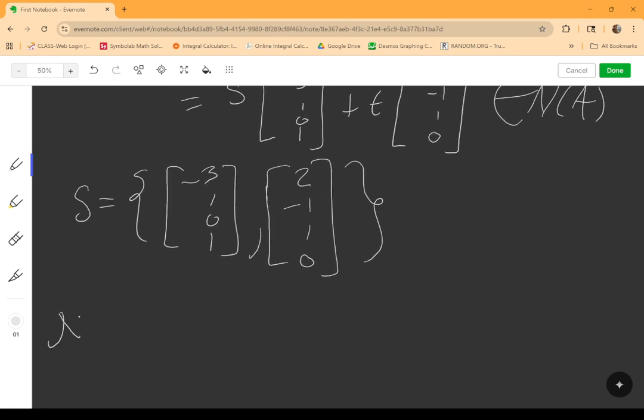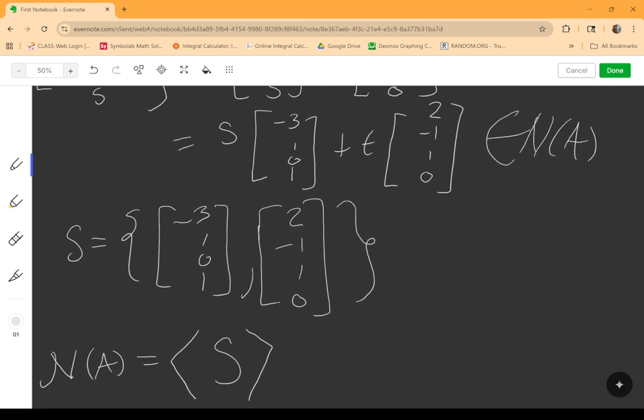But now I can write the null space of A instead of the set notation that I had before. I can write it as a span of those sets, right? Because that is exactly what the null space is, right? It's just a set of all possible linear combinations of the solutions to our homogeneous system of the matrix A.